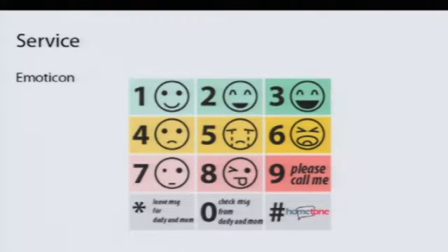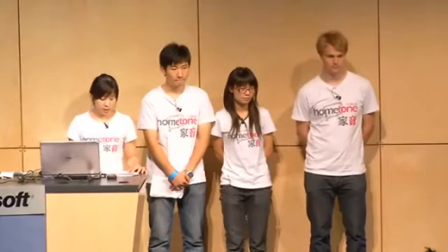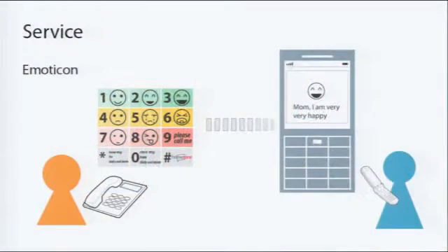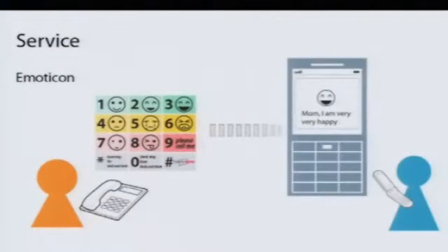The emoticon will be sent to both parents' cell phones. They will receive the mood icon along with a simple phrase like, "Daddy, I'm very happy today," and so on. This function helps them share daily life and emotions with each other, which leads to more mature understanding.